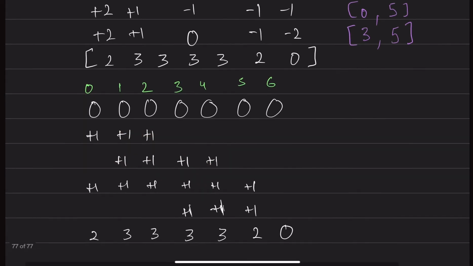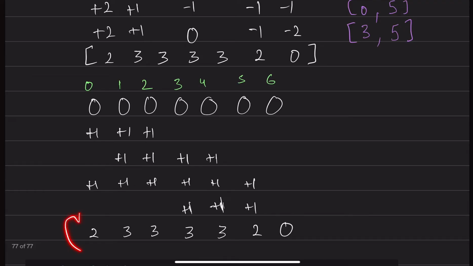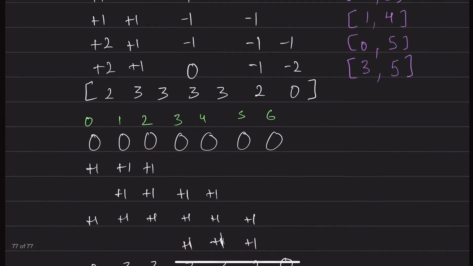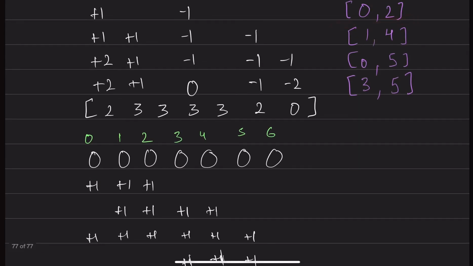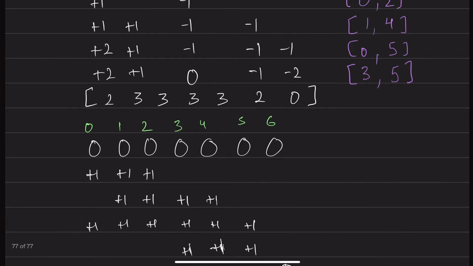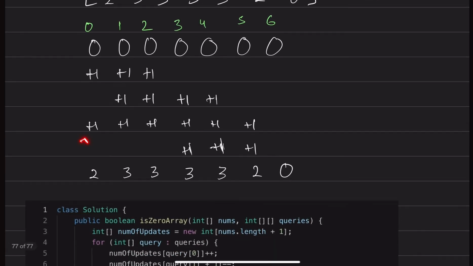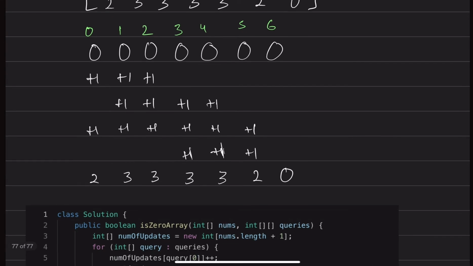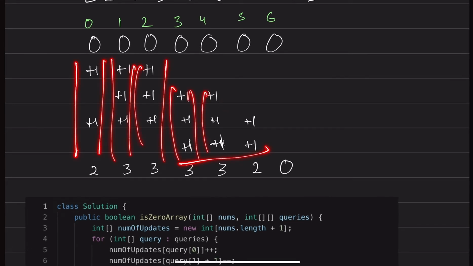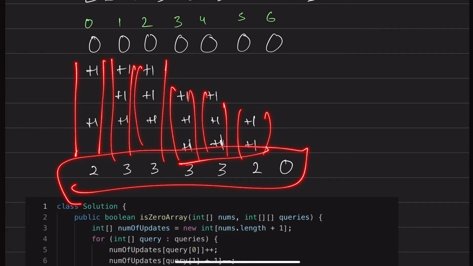If I increment the values by 1, I should get 2 3 3 3 3 2. This should be my result. Whatever is given, 0 to 2 I have incremented, 1 to 4 I have incremented, 0 to 5 I have incremented, and then 3 to 5 I have incremented, and I have added the values and placed them over here. So our output should be like this.